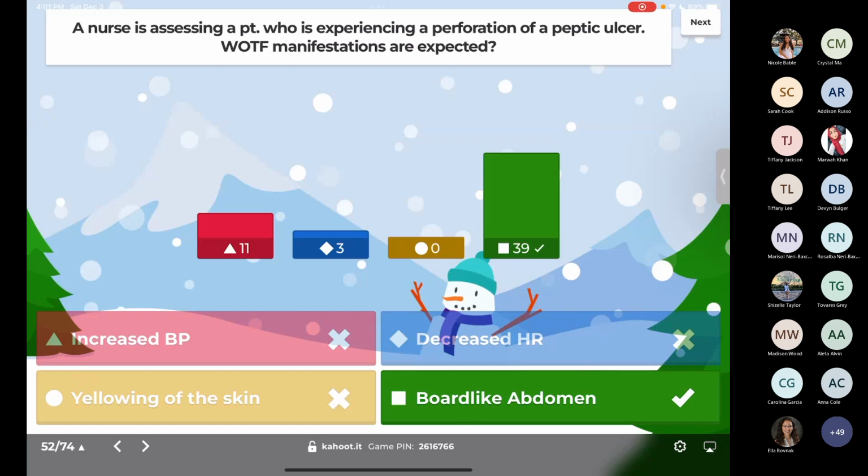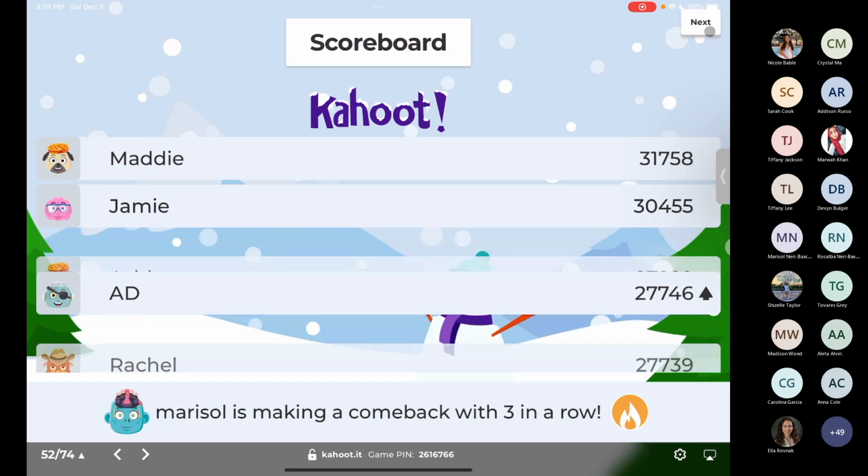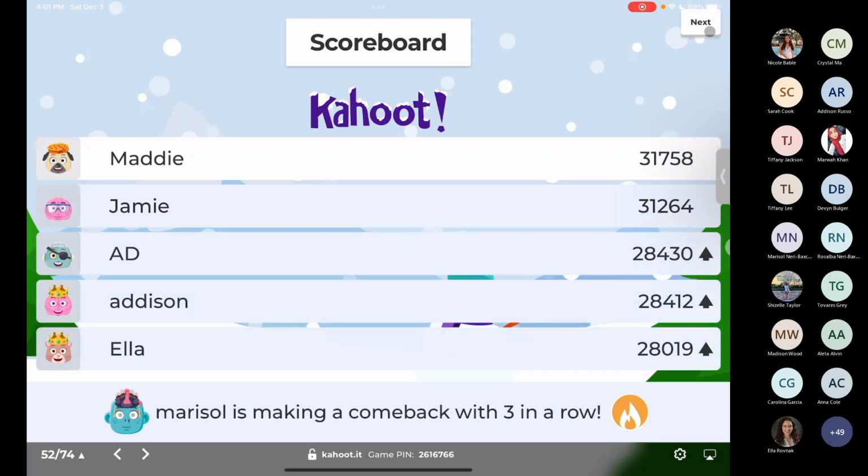So if we're ever expecting perforation, we're looking at that rigid board-like abdomen. Additionally, with vital signs in perforation, you're going to see a decrease in blood pressure and an increase in heart rate. That's because as the blood pressure drops, my heart rate is going to try to increase to help compensate. Awesome. So proud of you all.